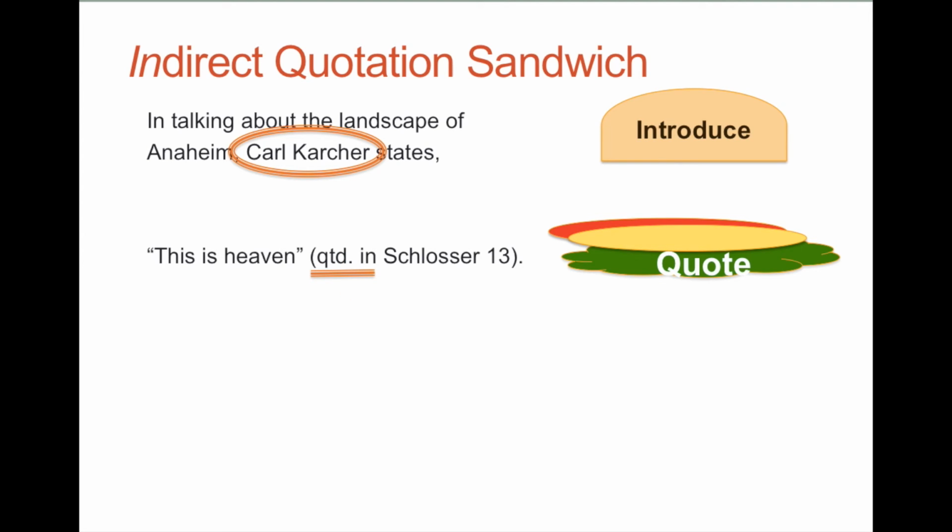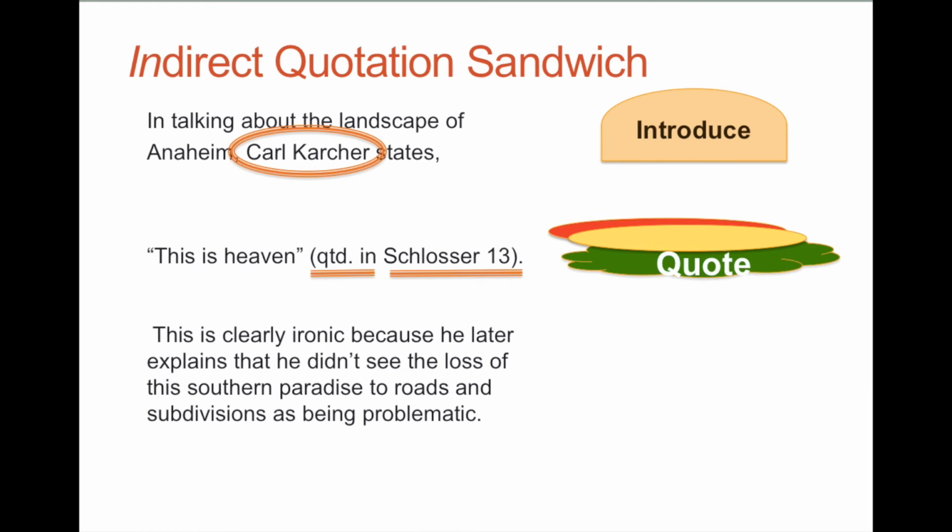Then I'm giving the abbreviation quoted in, and then I'm giving the author's name where I found this particular quote. Because Carl Karcher did not write any book, I have to reference the author where I found this quote. And that author in this case is Eric Schlosser. Eric Schlosser would be on my works cited page at the end of my paper.